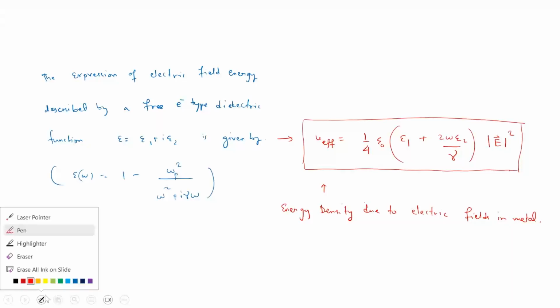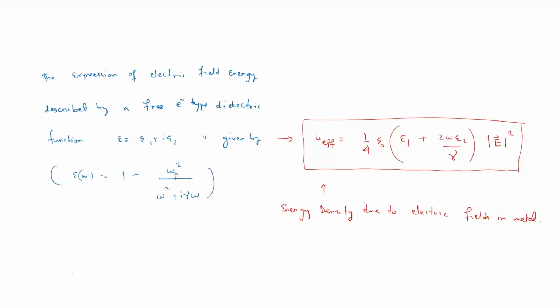To summarize, what we did today is we looked into the different longitudinal oscillations and showed that at omega equal to the plasma frequency, we have these longitudinal oscillations, which can be experimentally determined by electron energy loss spectroscopy. Then we described the energy of the electrons.